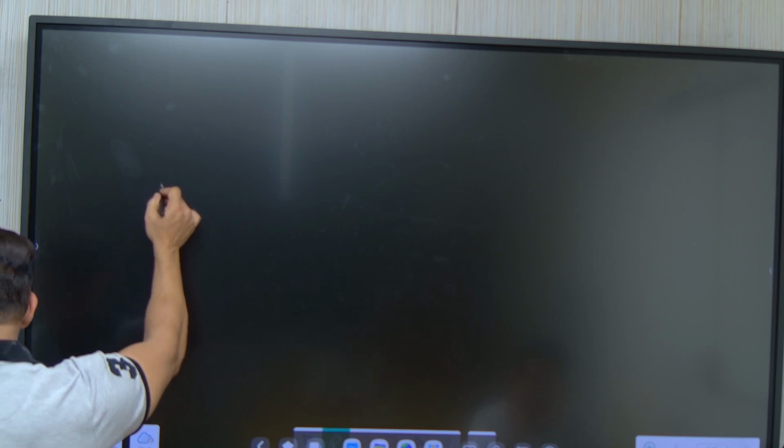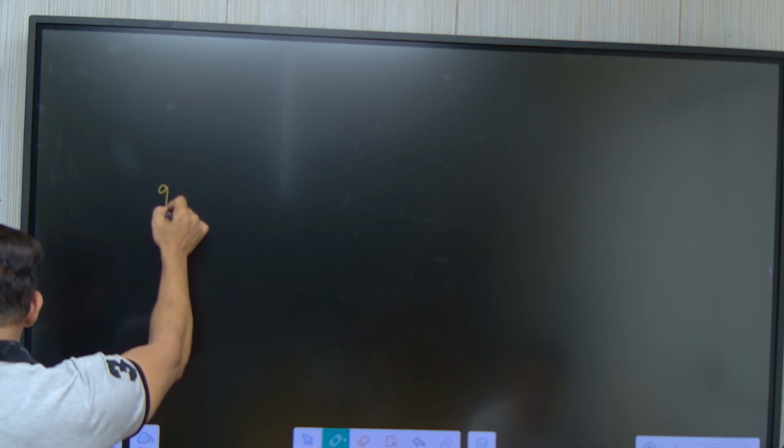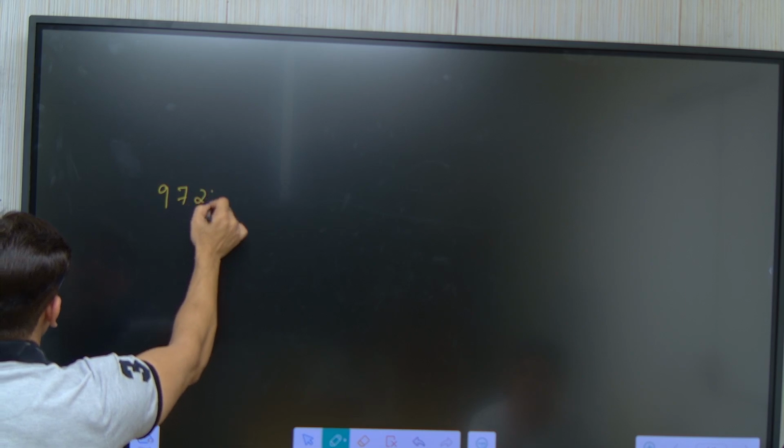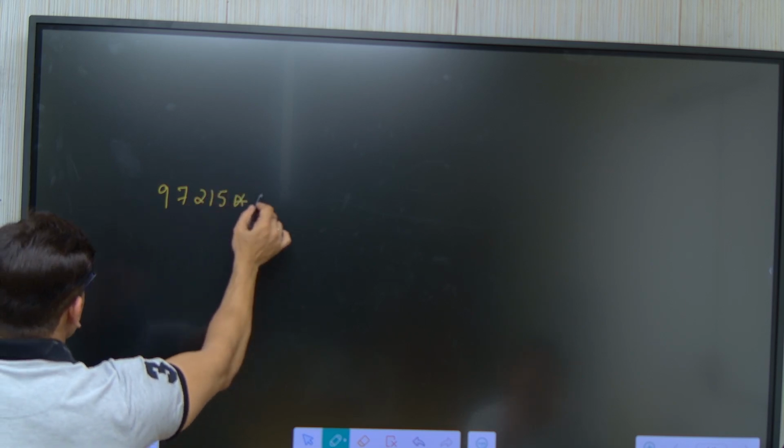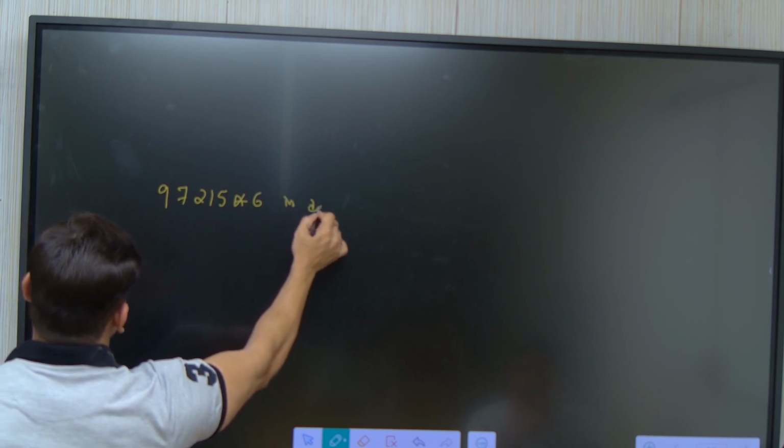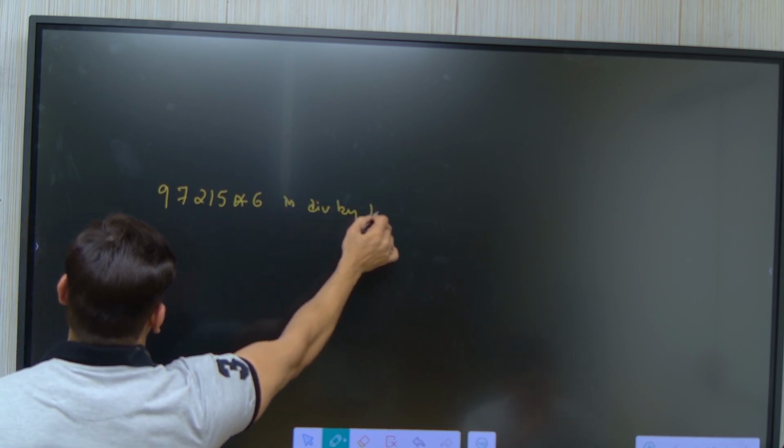So there is a number 97215, and there is some missing number star, 6, which is divisible by 11.